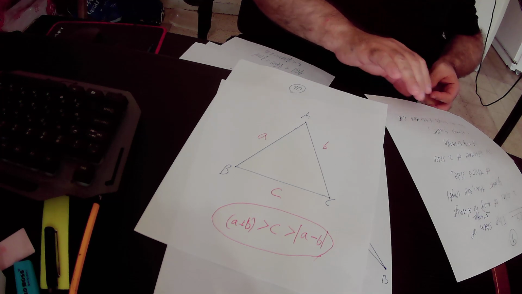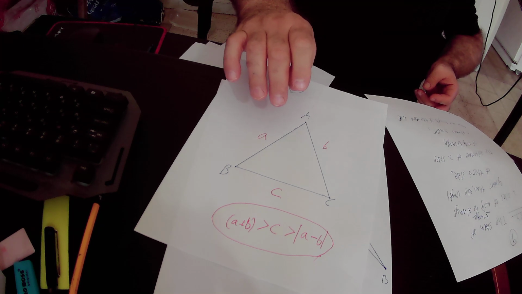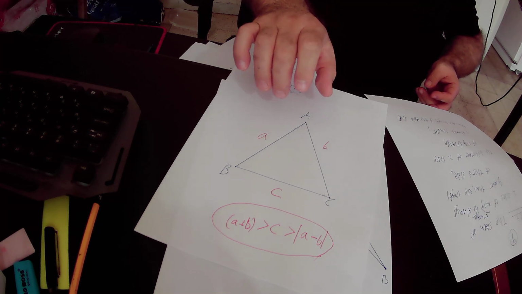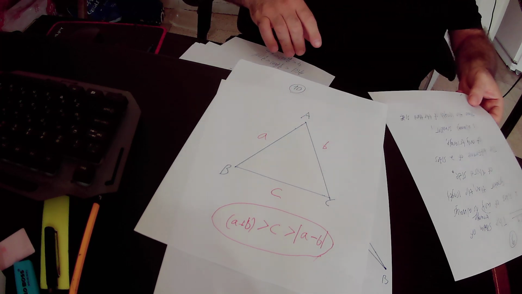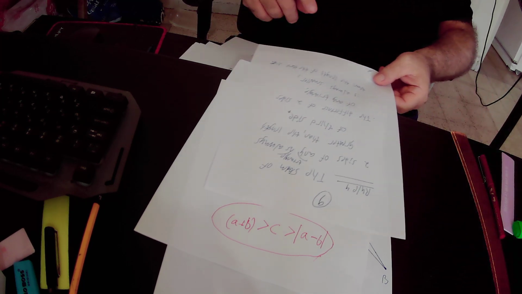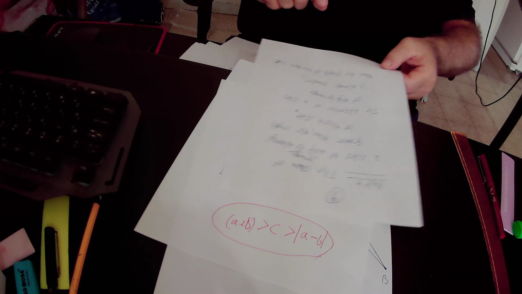That is the first part of rule number 4, that A plus B will always be greater than C. That is from one side. But from the other side, the difference of two sides of any triangle is always smaller than the length of the third side.